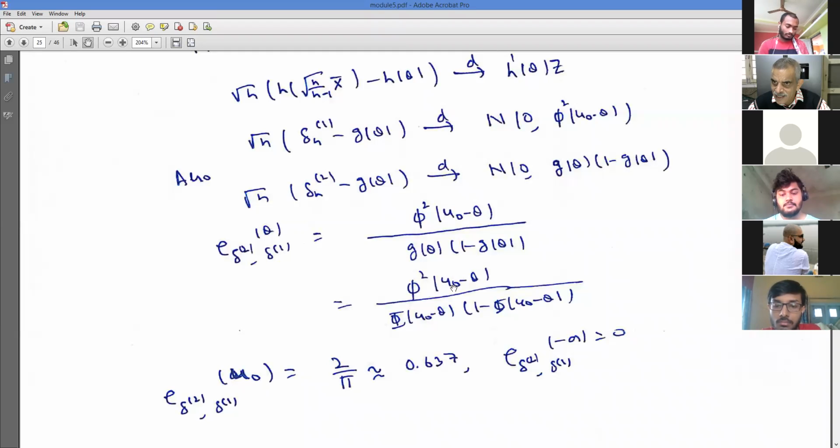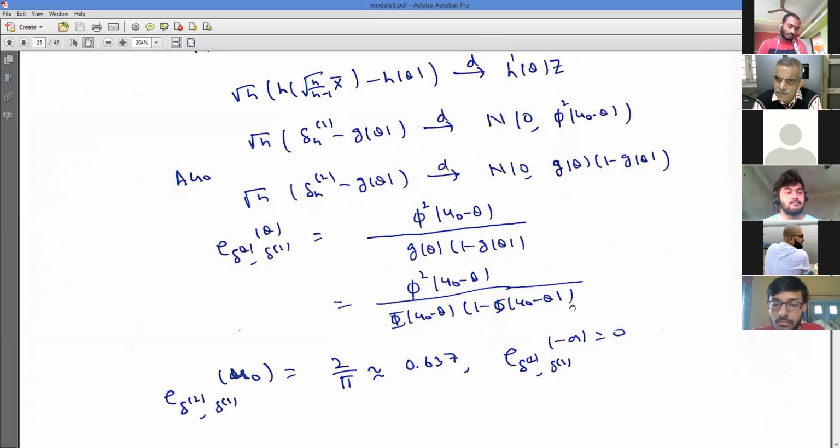So basically what you need to show is phi square x upon capital phi x into 1 minus phi x is an increasing function of x for x greater than 0. Take the derivative and try to do that. You can show that.